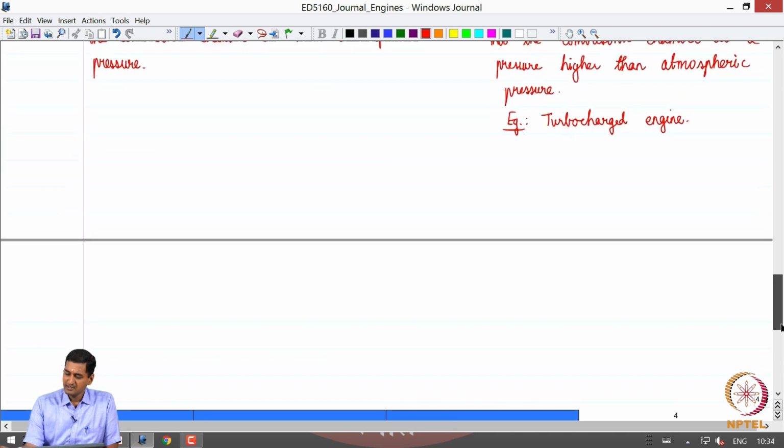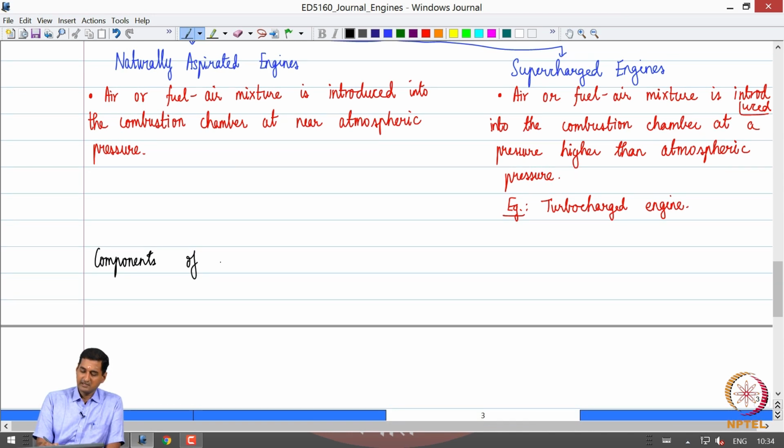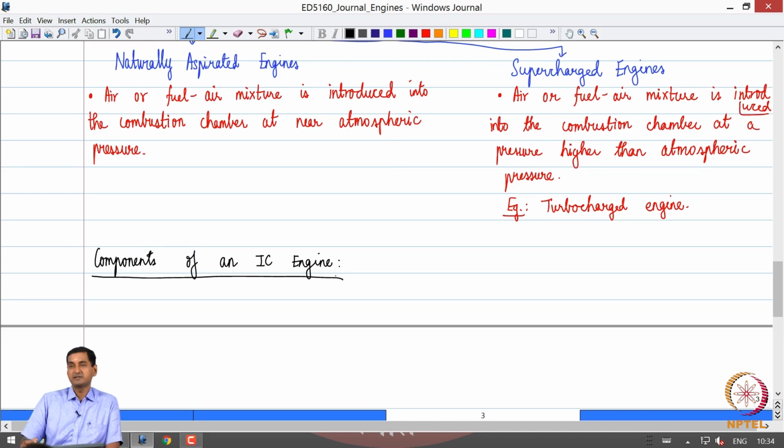Now, we will go and look at the components of an IC engine. Okay, so we look at what are the typical components of an IC engine.